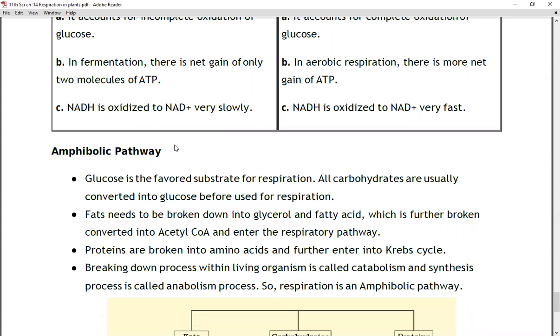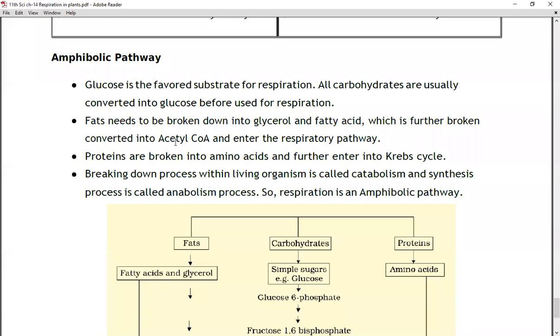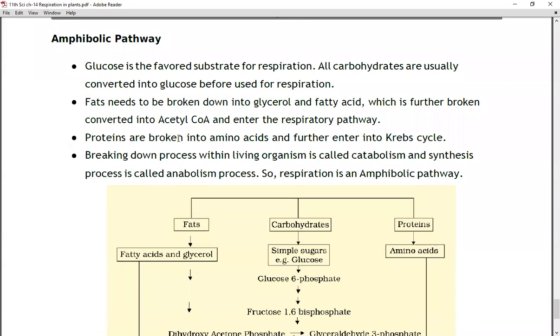Now we are going to see the next important topic, and that is the amphibolic pathway. This is the last topic of this chapter, right? So here glucose is the favored substrate for respiration. Now you, after understanding the whole chapter, have known that the basic favored substrate is what? Glucose, right?